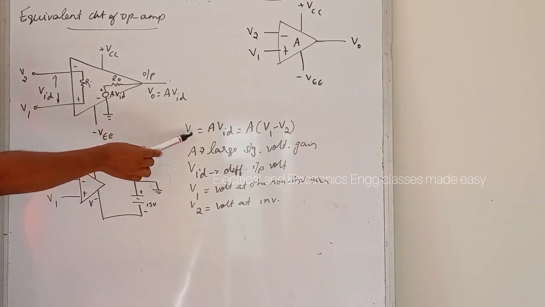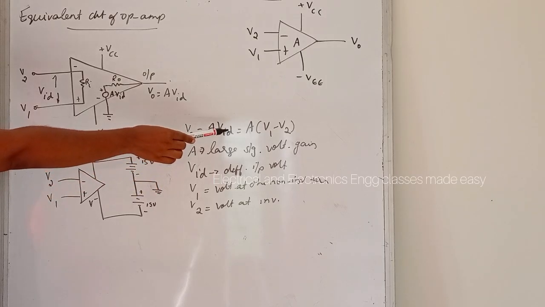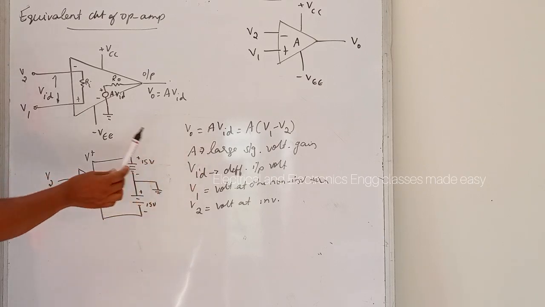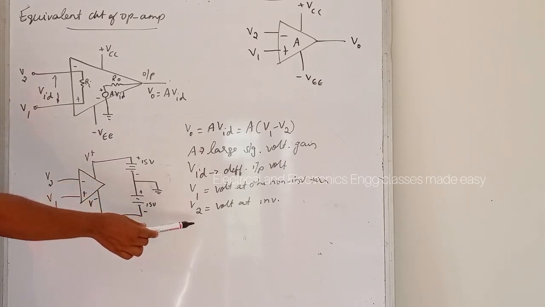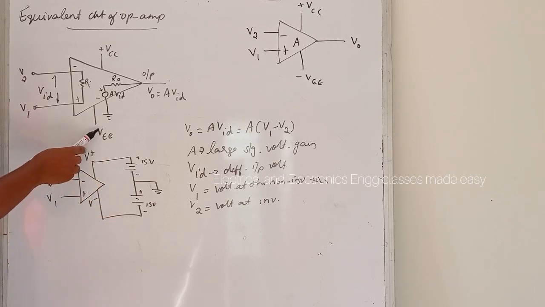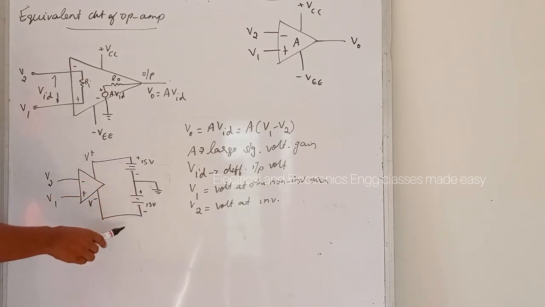Here V0 is the output voltage, equal to A into VID, that is A into (V1 minus V2). A is the large signal voltage gain, VID is the difference input voltage, V1 is the voltage at the non-inverting terminal, and V2 is the voltage at the inverting terminal. Plus VCC means we are applying positive bias voltage at this terminal, and minus VEE means we are applying the negative bias voltage at this terminal.